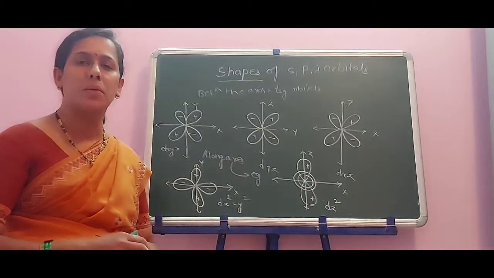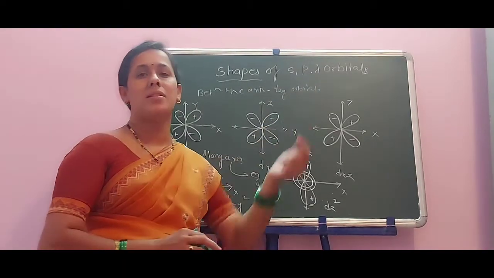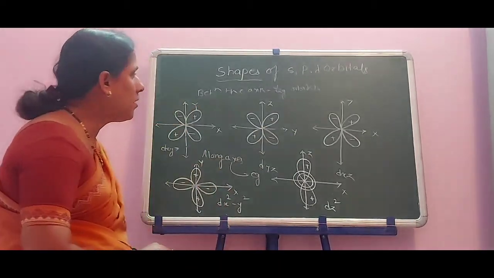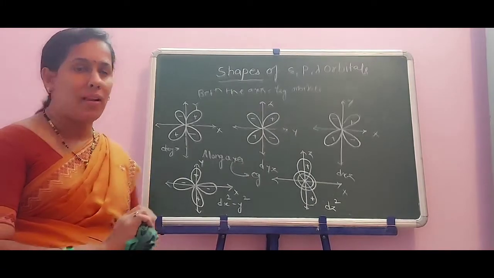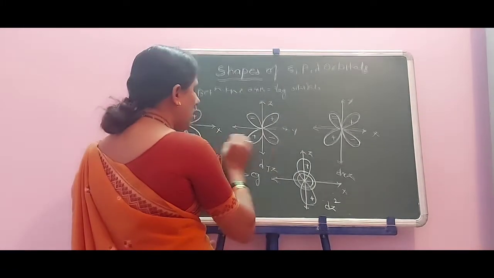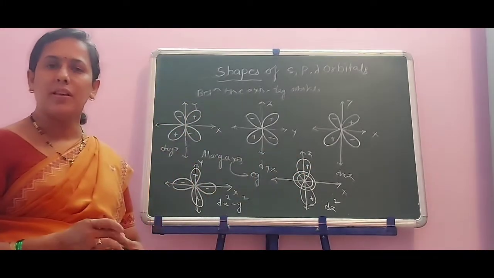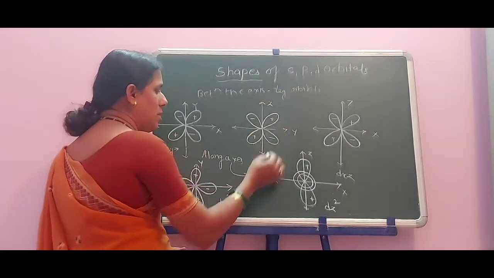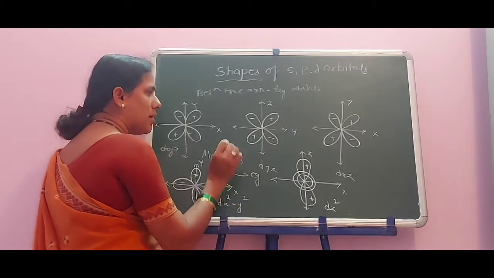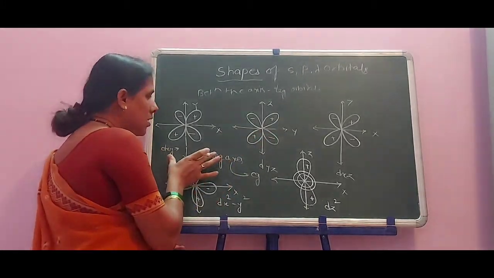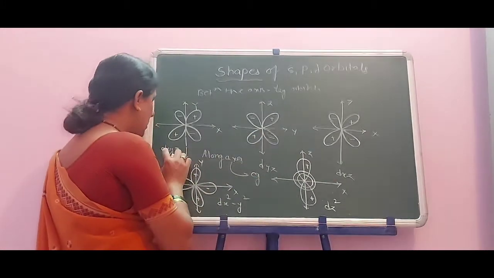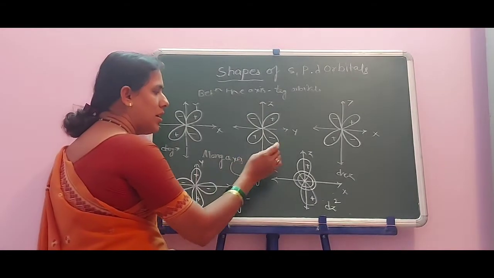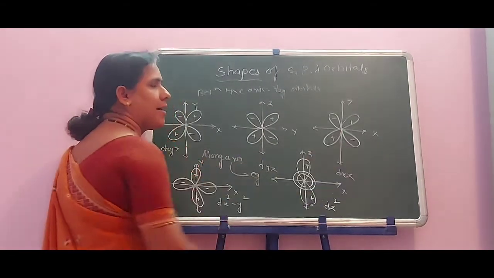D means, according to spectroscopic studies, diffused. According to the azimuthal quantum number L equal to 2, there are 5 orbitals. These 5 orbitals are divided into 2 sets, T2g orbitals and Eg orbitals. In T2g orbitals, 3 kinds of orbitals are here: dxy, dyz and dxz.